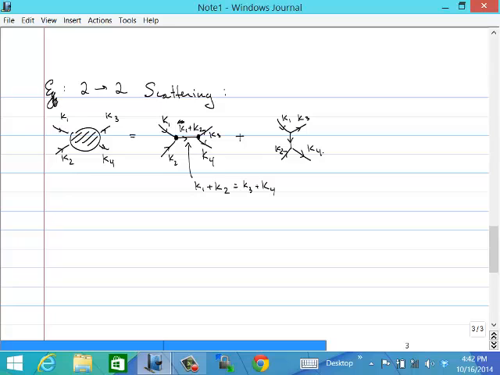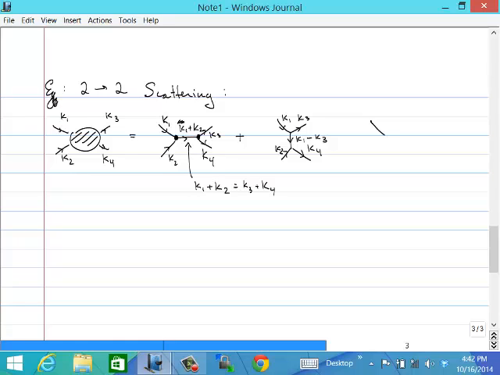So this Feynman diagram would describe a process where the particle moving on the top will exchange another particle with the particle on the bottom, and that intermediate particle will have momentum k1 minus k3, which is the same as k4 minus k2. Okay.